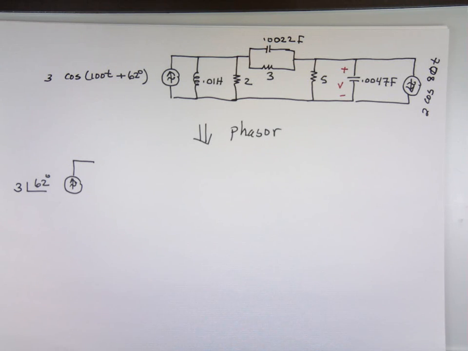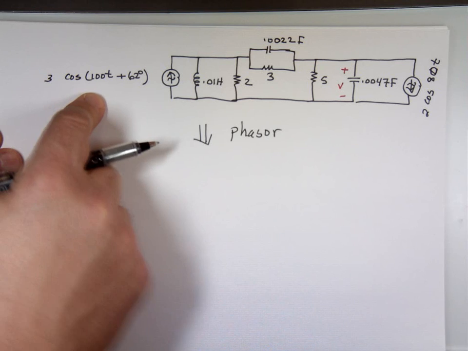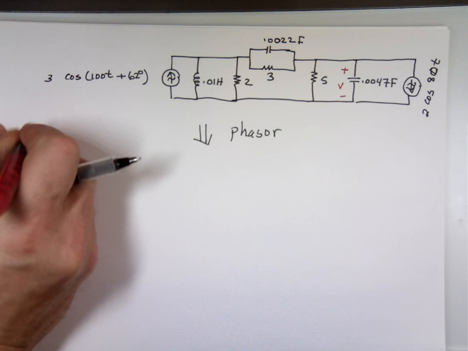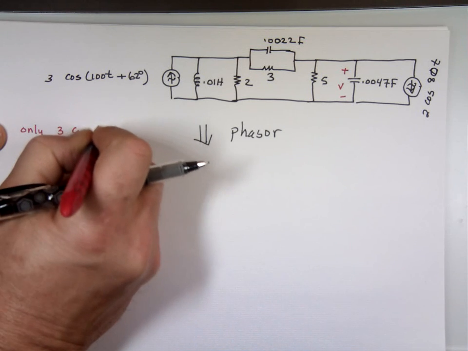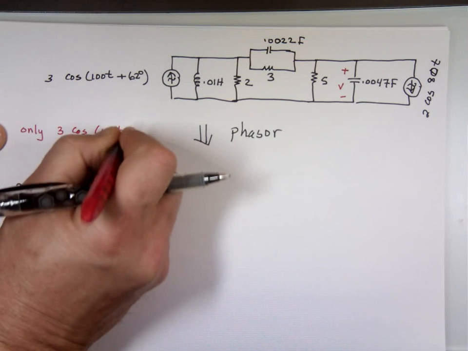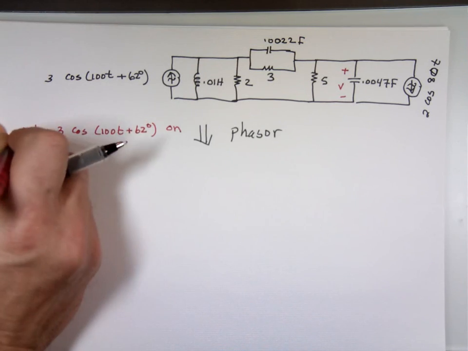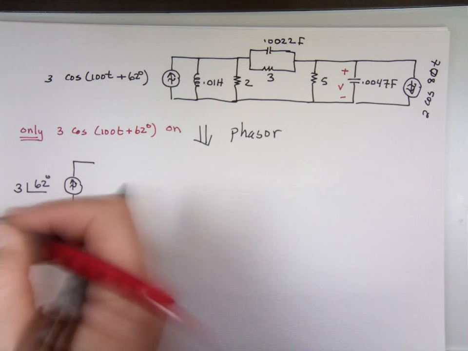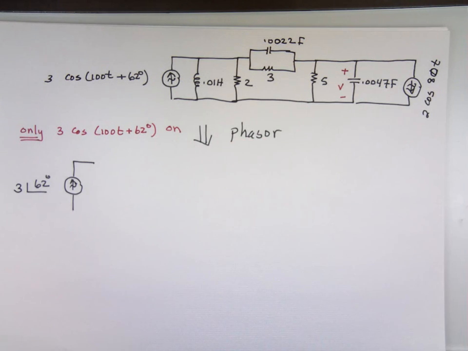So here we go. I'm dealing with only the 3 cosine (100t) plus 62 source, which is going to be on. Only that source. I'll find the answer V first, call it V1. Then I'll come back, bring in the other source, find V2 or V double prime, and add the 2 of them.